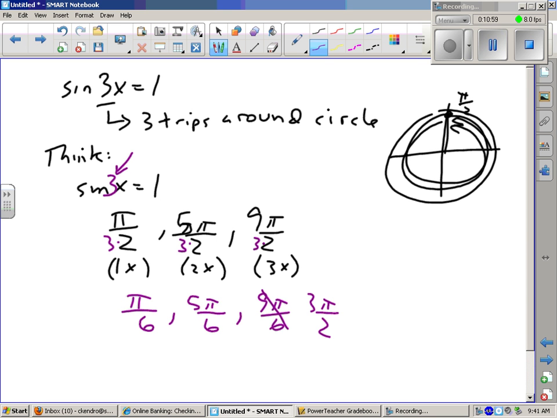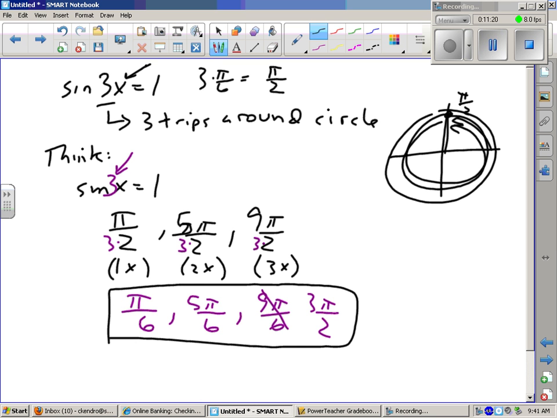So if I try to put a pi over 2 in right here, it's not going to work. But if I put a pi over 6 in, 3 times pi over 6 is pi over 2. So essentially we're putting in pi over 2, but the 3's balance out. So these are the right answers.